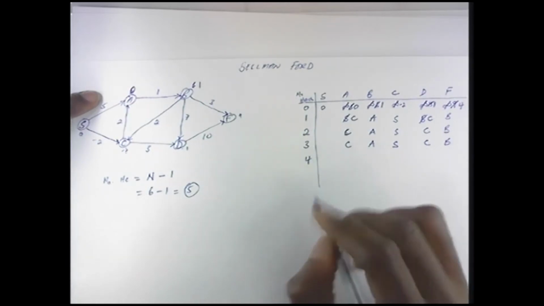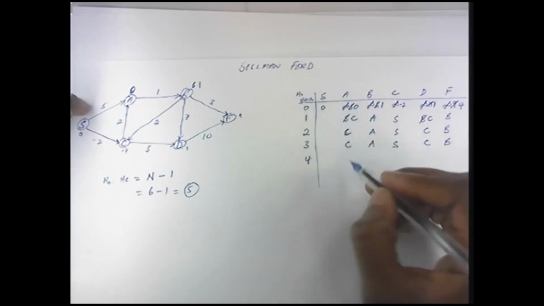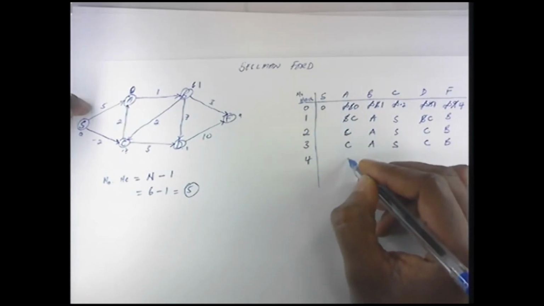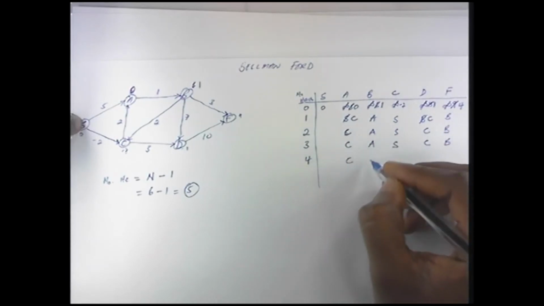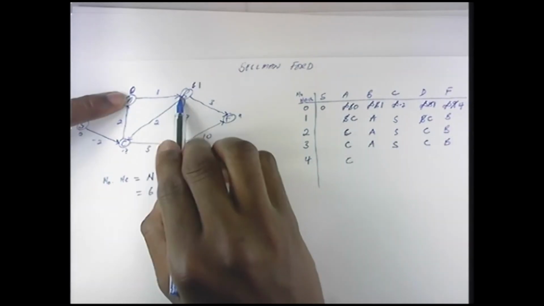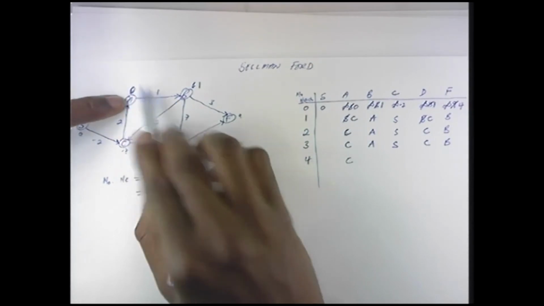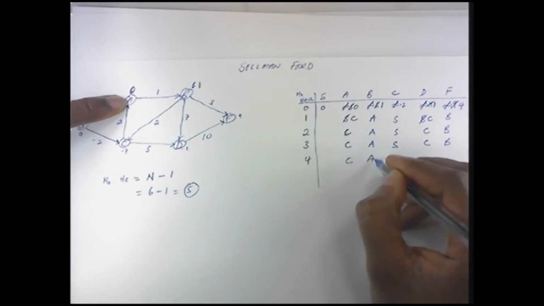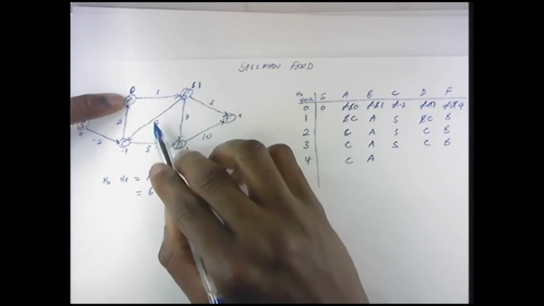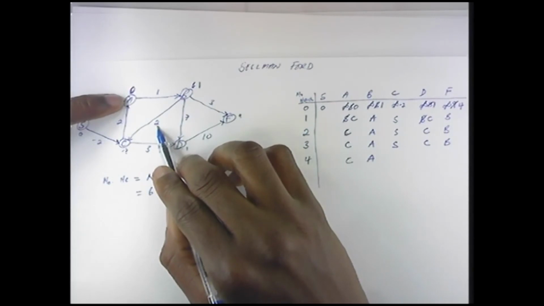So we have A not changing, still maintaining C, then B to A, we have 0 plus 1, 1, so it's still the same. Then at B, we have 1 plus 2, which is 3. As compared to C, we still maintain.